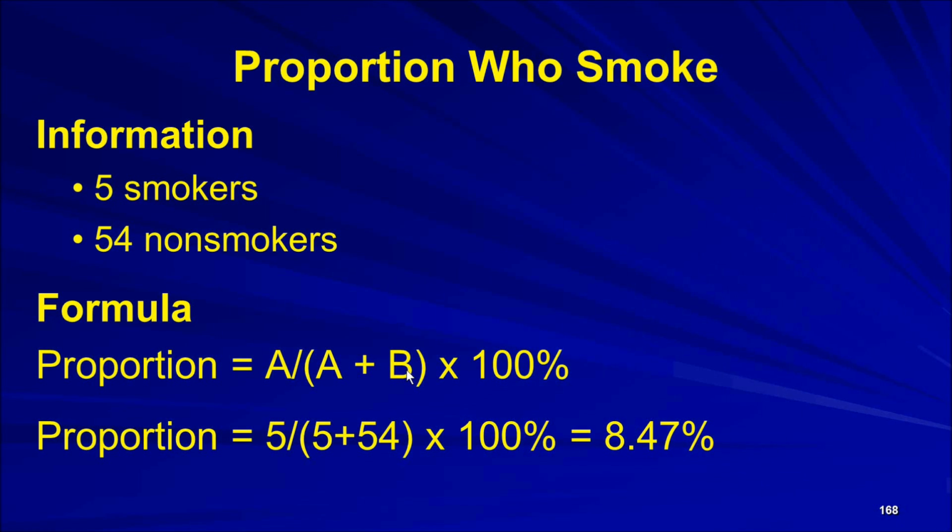So 5, notice it's repeated, plus the 54, we fractionate the denominator, we multiply it by 100%, so our answer in this case is 8.47%.